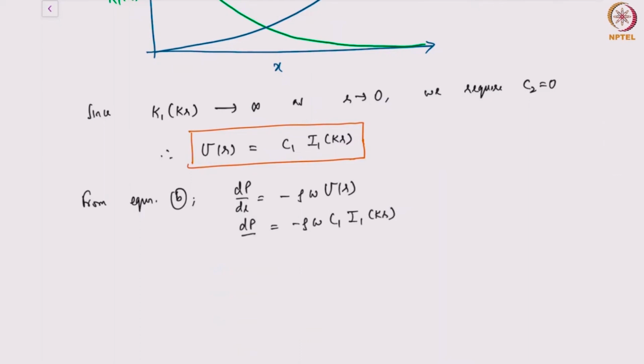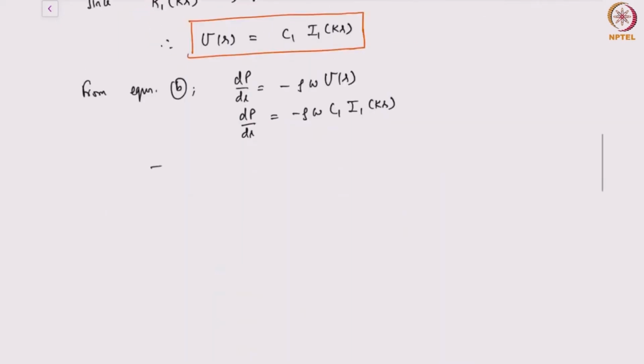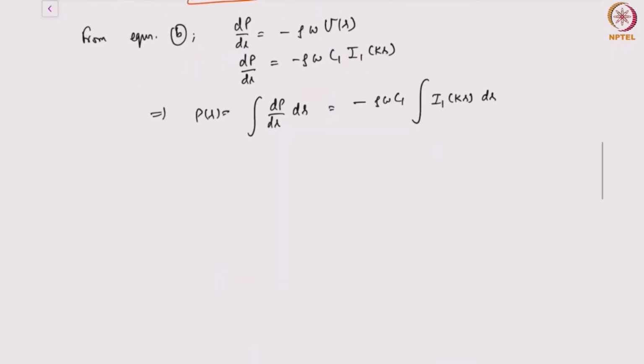That's dP by dr. And therefore I get P of r by integrating dP by dr. And this would be minus rho omega C1 integral of I1 of kr dr. Right?